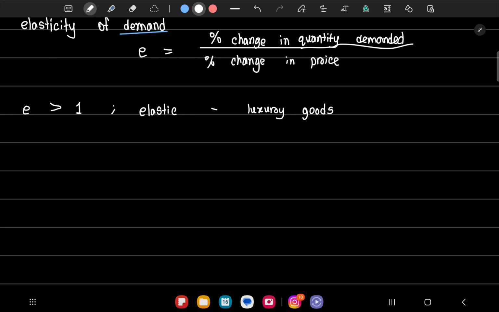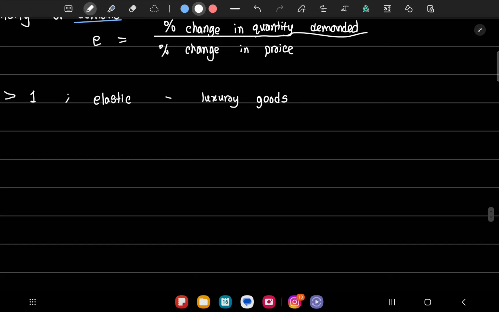Suppose the luxury good is a sunglass. If the price of a sunglass doubles, the demand for sunglasses will decrease a lot. A lot fewer people will buy sunglasses if the price doubles.